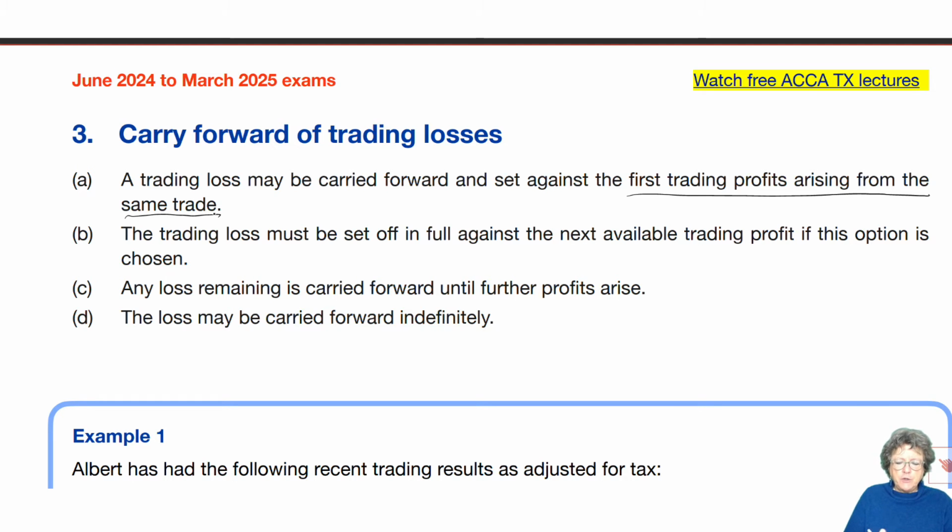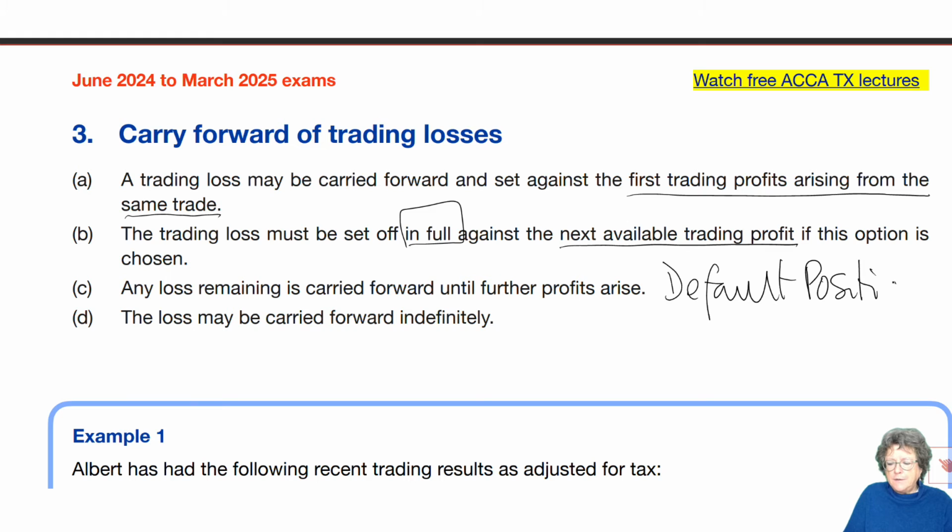And the loss must be set off in full against the next available profits if this option is chosen. As I say, it's what's known as the default position, and it happens automatically if you do nothing. Okay, and then you can carry it forward until profits arise.